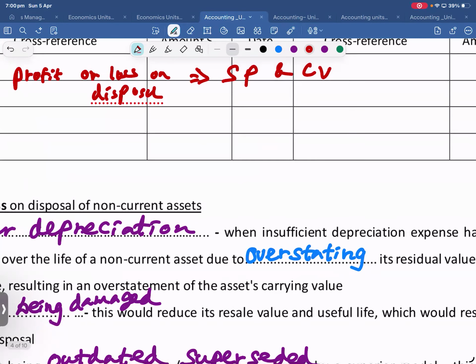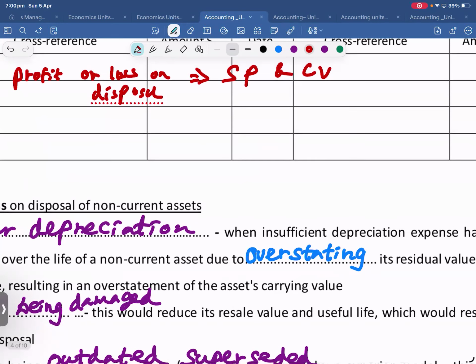Yes, that means the carrying value is higher. How come the carrying value is higher? What are the reasons for carrying value? Carrying value is historical cost take away accumulated depreciation. So we need to have a higher carrying value.